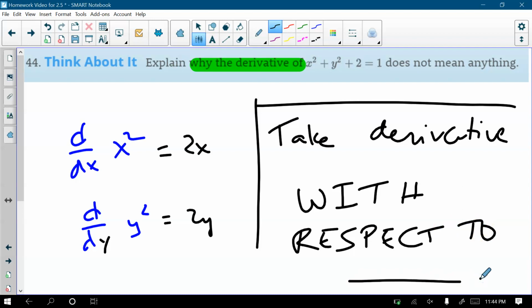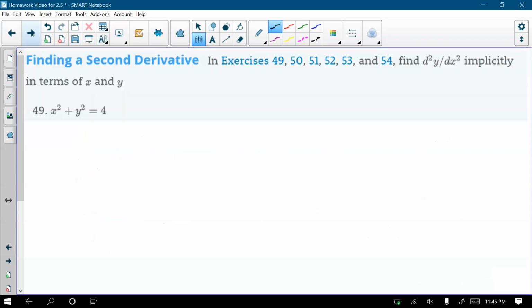That something could be an x, a y, a t, a theta, anything that the variable of interest is included, but especially when the equation is in an implicit form, you must state what you're taking the derivative with respect to. And I think I've said enough on that one, so we'll move on to the next one.